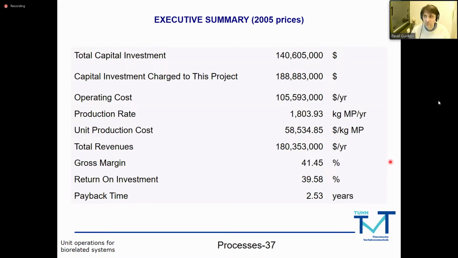When it comes to food, you have governmental regulations, and you can't really put prices as high as you want. And you also have many competitors. So the gross margin is not going to exceed, say, 10% or something like this. Of course, if it is 10%, not 40, then this payback time increases drastically.